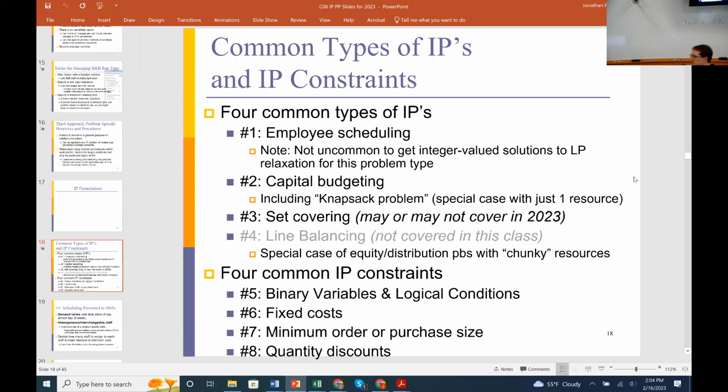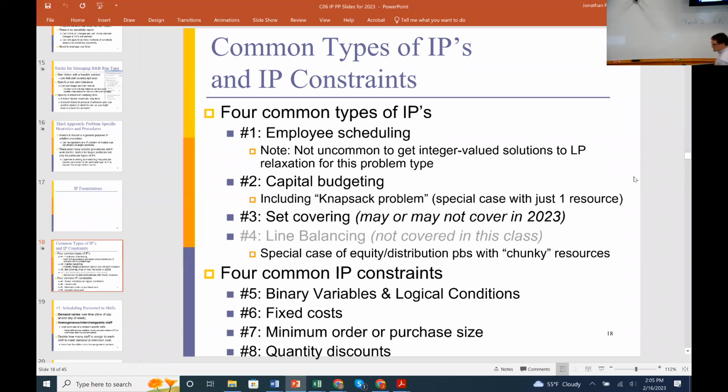They are instances in which the number of staff you need to have working at any point in time varies over time, and you're trying to find the least costly way to meet that variable demand for your ability to deliver services, where the decision variables are the number of people who are assigned to each shift, where the shift includes not only what it means in conventional English, i.e. hours of the day you work, but also what days of the week you work. So if you know your shift, you know exactly when you're working and not working.